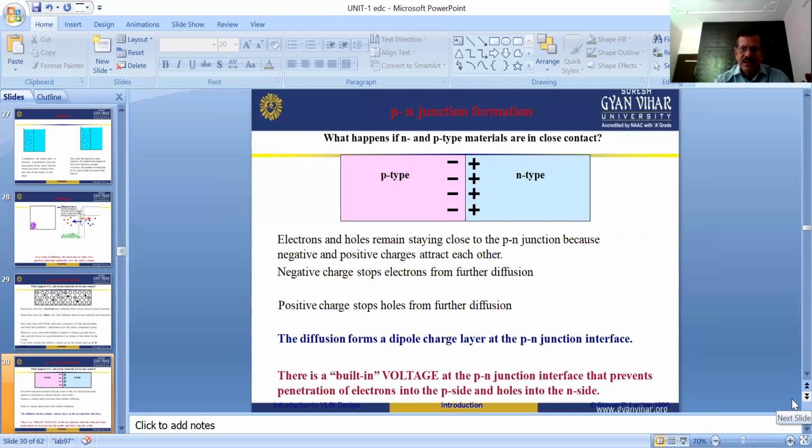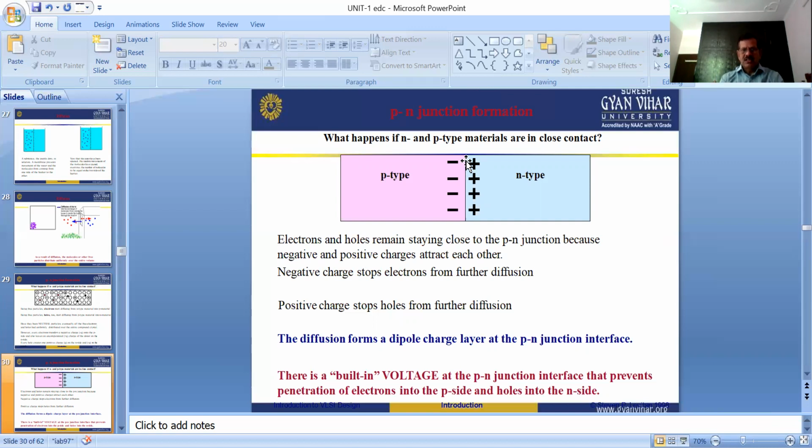Now we see here on the left side there is a p-type semiconductor and on the right side is the n-type semiconductor, and there is a junction at the center between the two semiconductors where they are joined to each other. So in the p side across the junction, some negative charge is deposited, and some positive charge is deposited in the n side across the junction.